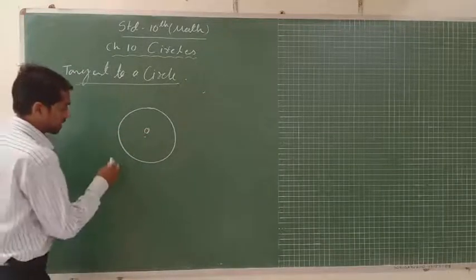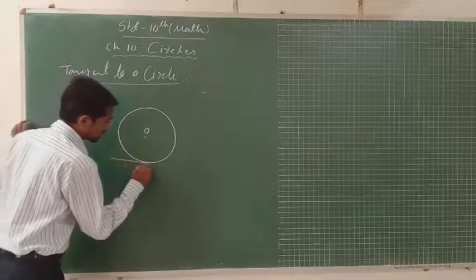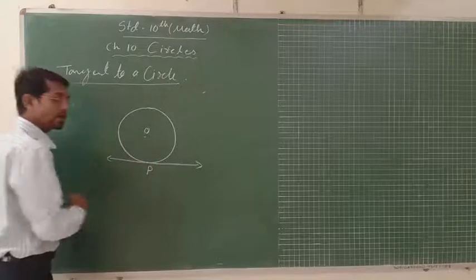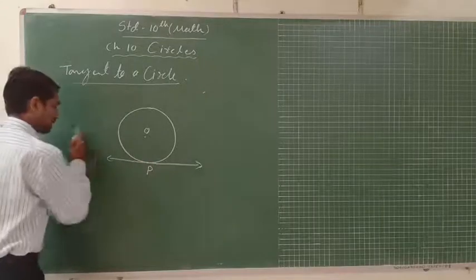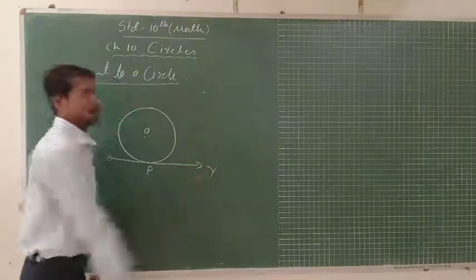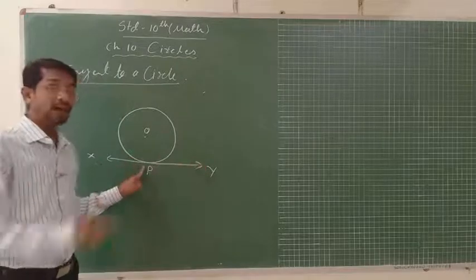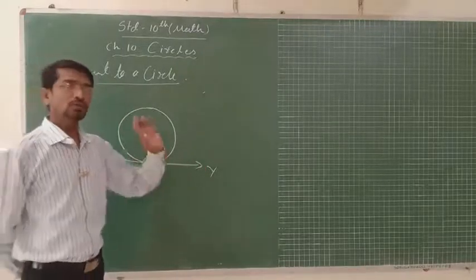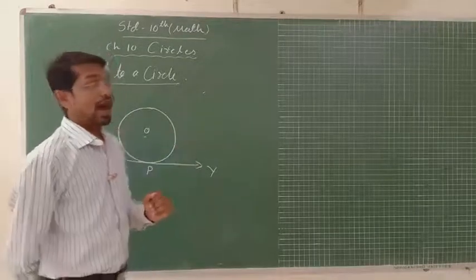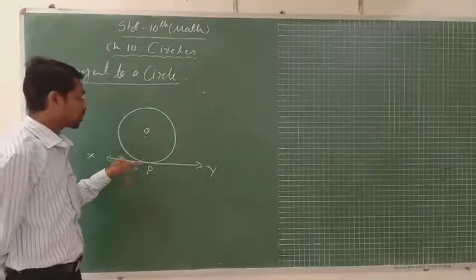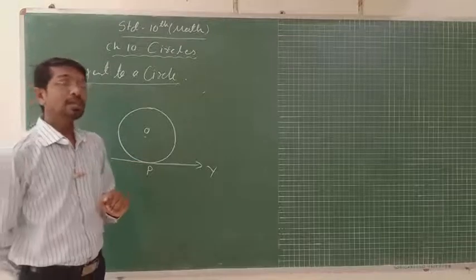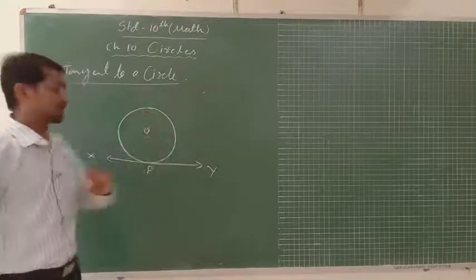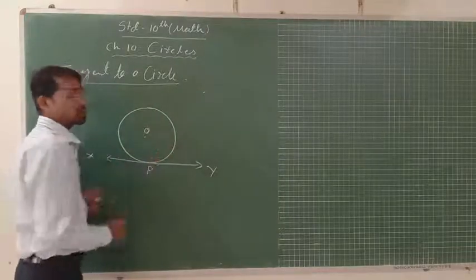This line touches the circle at one point P. Line L, or we say line XY, touches the circle at one point P. That's why it is called a tangent to a circle. Now the question arises: how many lines pass through the point P, or how many lines touch at P? Just try to draw the lines.